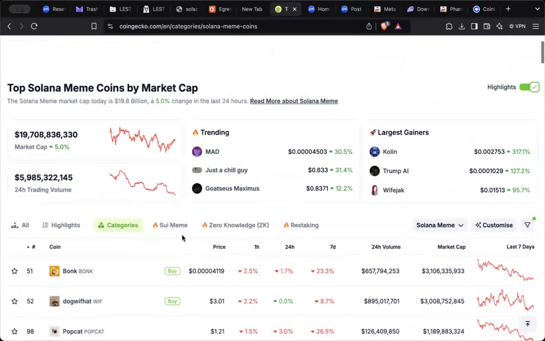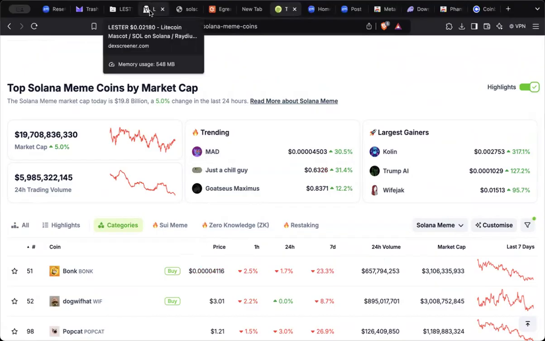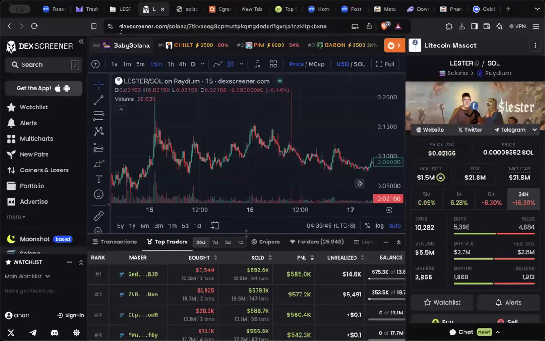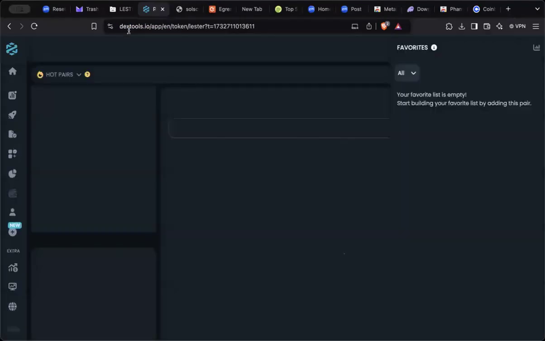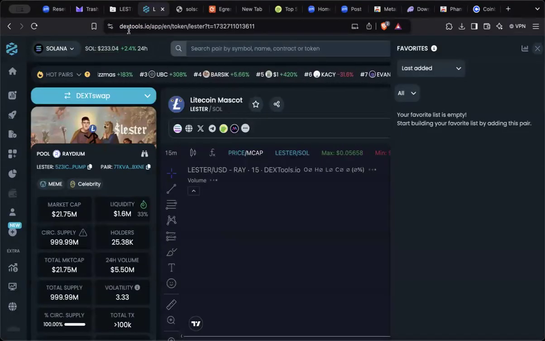So that's one. If you have that tab open, now go to the next one, which is called Dex Screener. Actually, let's go to DexTools first.